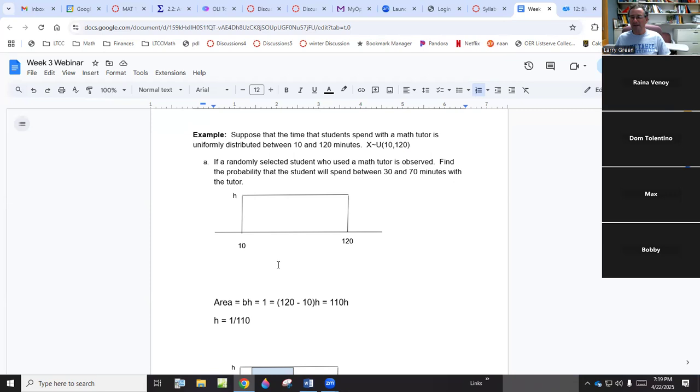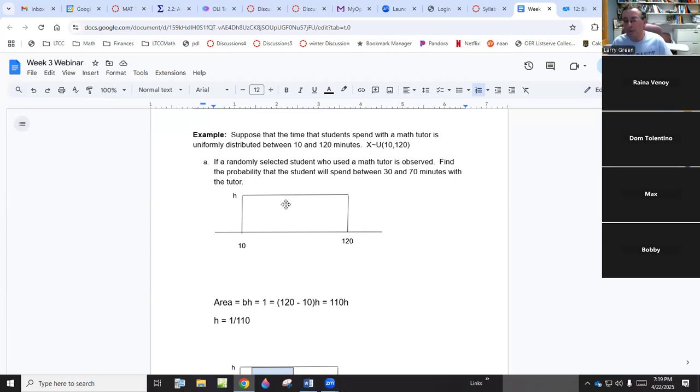If I wanted to find the mean. Base times height is a probability, not the mean. So I wouldn't do a base times height. Any ideas?